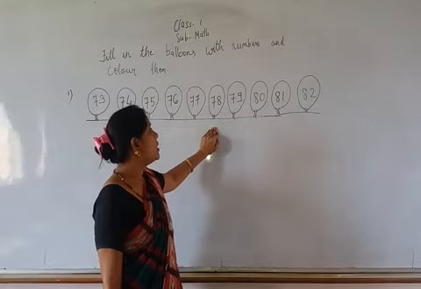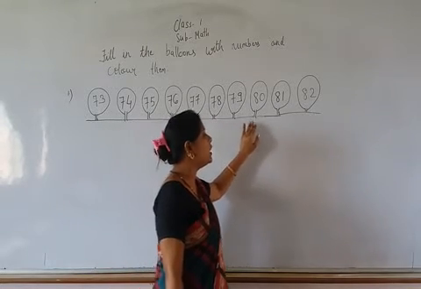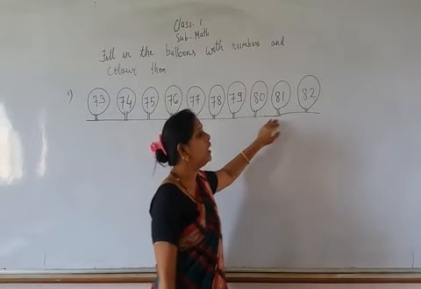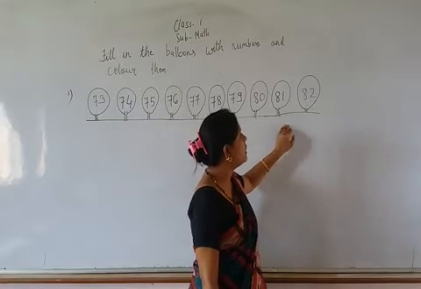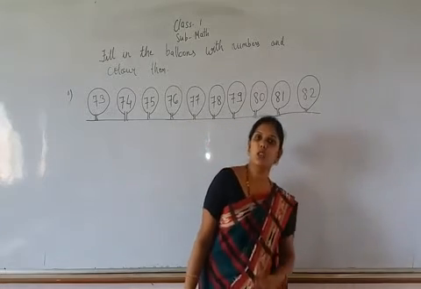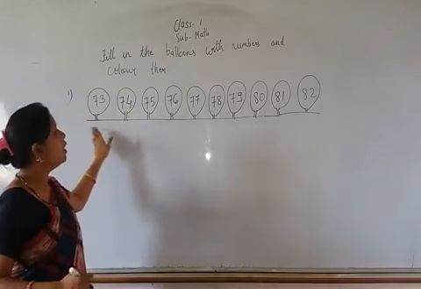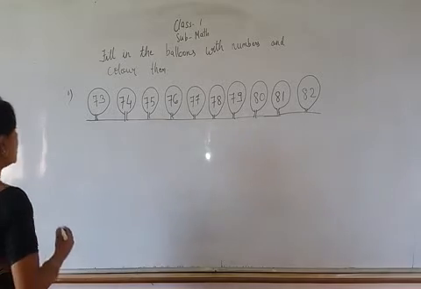After 78, 79. After 79, 80. Now after 80, 81. And the number after 81 is 82. Okay. So the first question we have done. You color all the balloons afterwards. Okay. Now the second question.